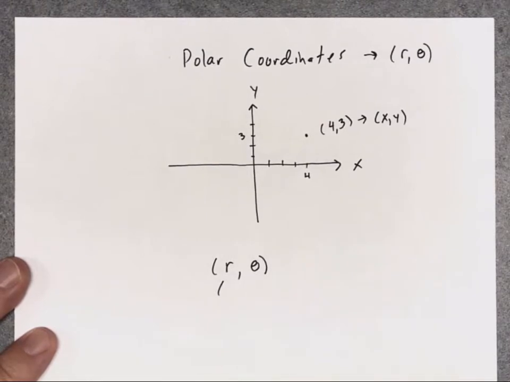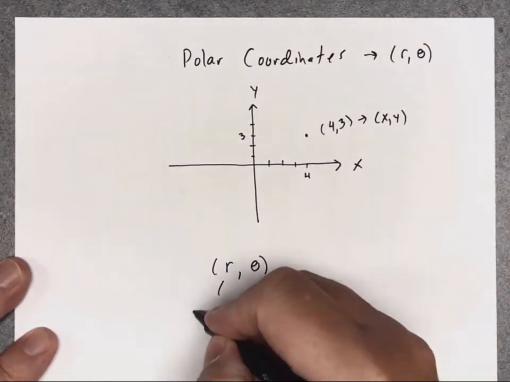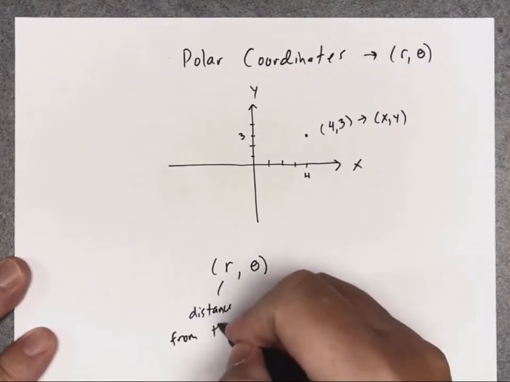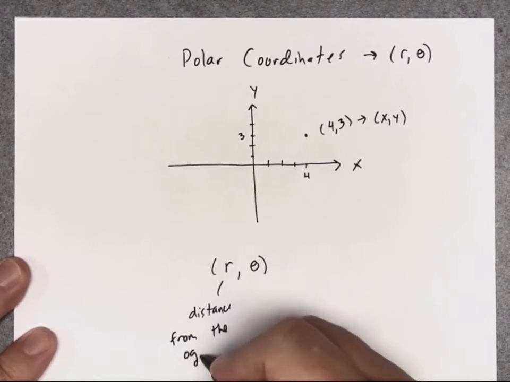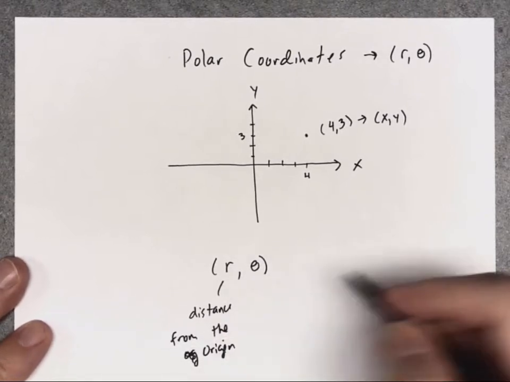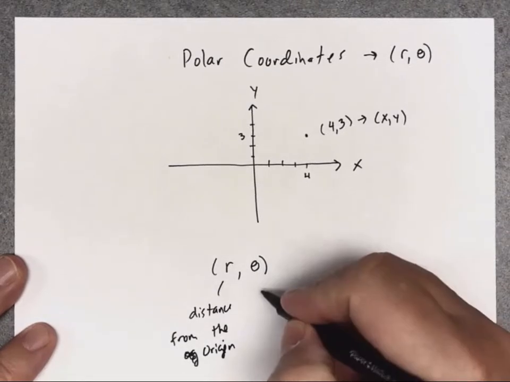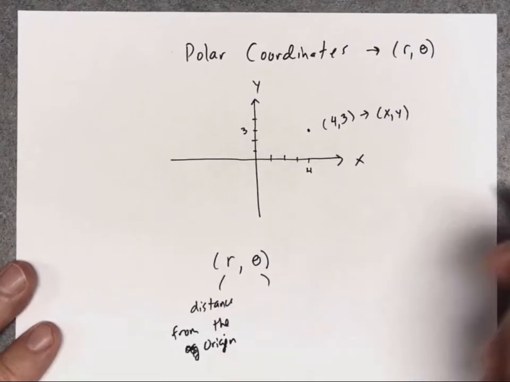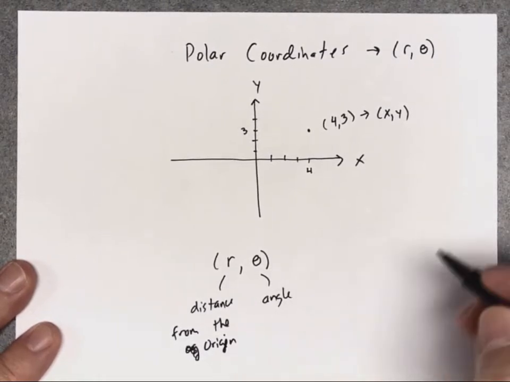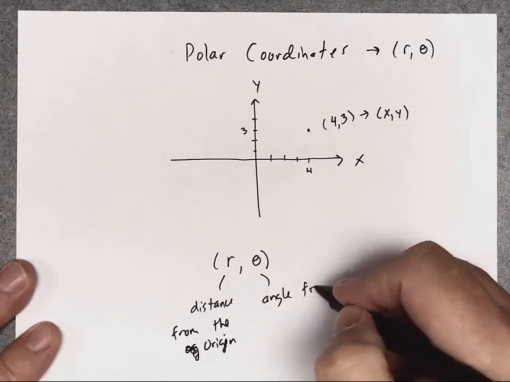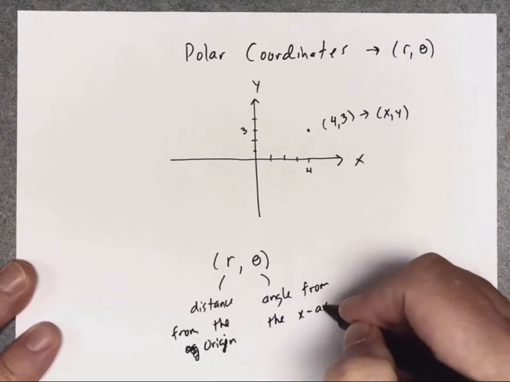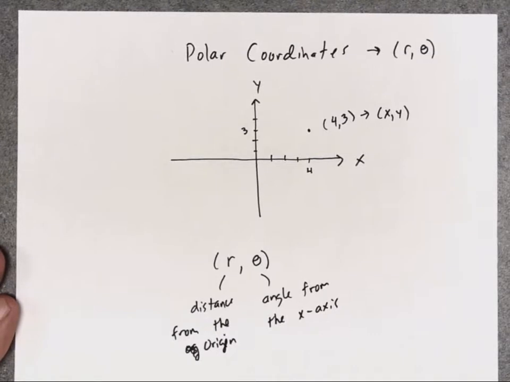In terms of graphing, we could think of r as the distance from the origin of the graph, and theta is the angle from the x-axis.